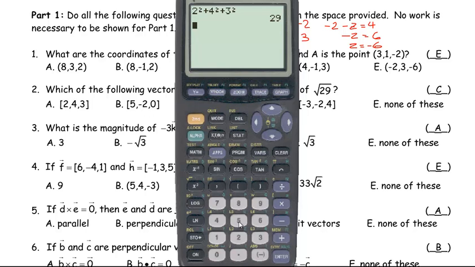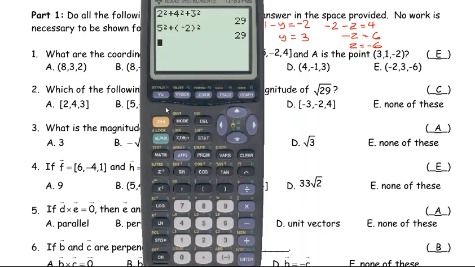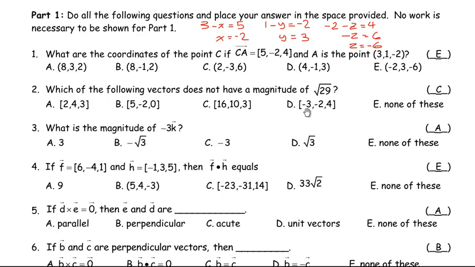Similar with B here: 5 squared plus negative 2 squared. I won't bother adding 0 squared in because that's 0. So that's also a length of root 29. And D here, it's the same numbers I used in A, except a couple of them have opposite signs. But negative 3 squared is the same as 3 squared, and negative 2 squared is 4, just like 2 squared is 4.